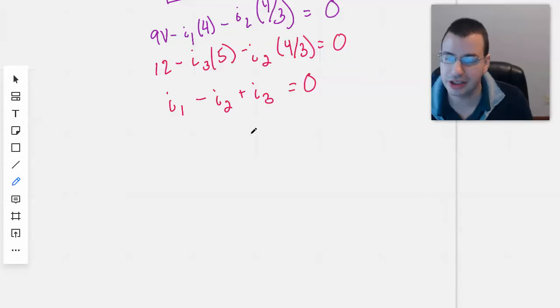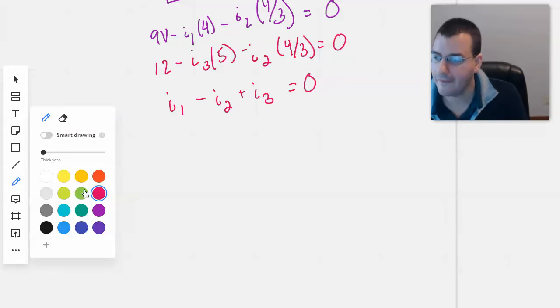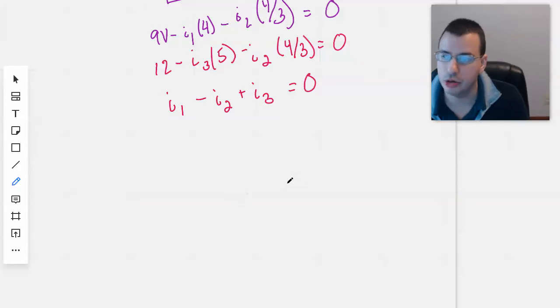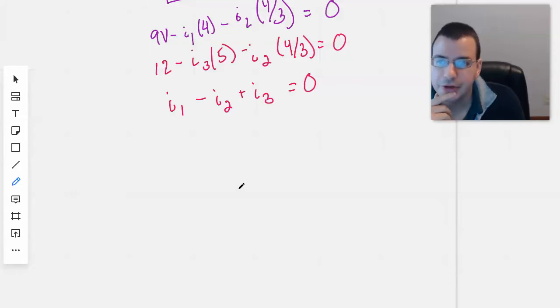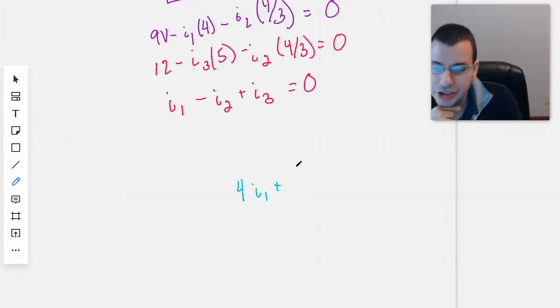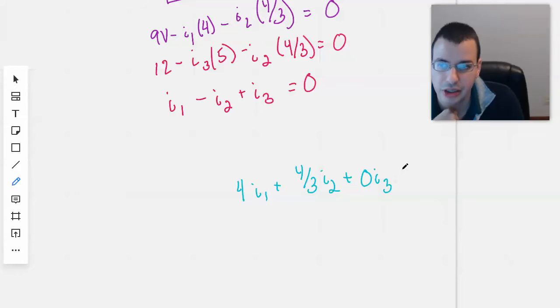I'm going to rewrite the first one in teal as 4I1 plus 4/3 I2 plus 0 I3 equals 9. I moved the I's over, and so 9 volts is on this side.